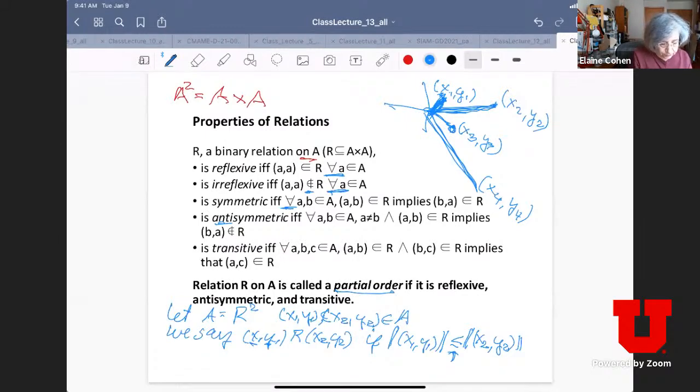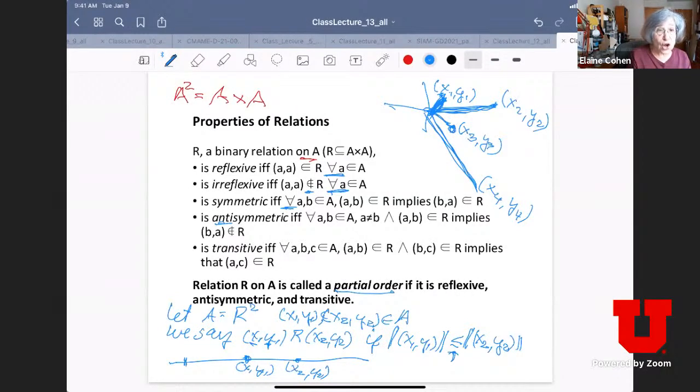Now, we can ask the question, what if instead of saying R2, we said that these were points on the real line? Here's the origin. Here's x1, y1. Here's x2, y2. Can the case that we had in the plane exist in this case?